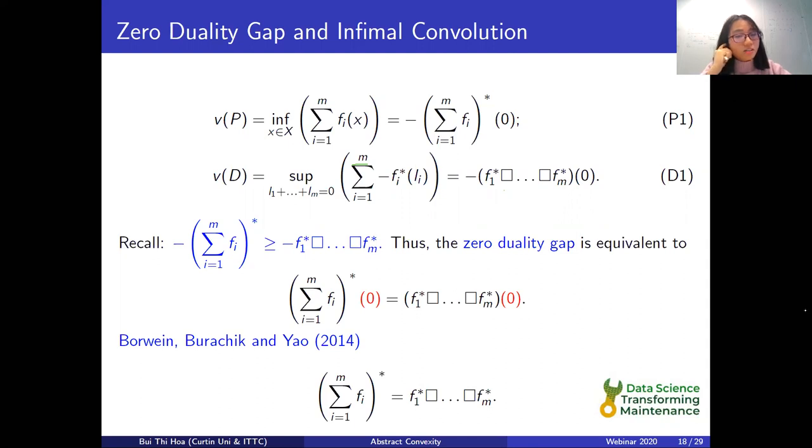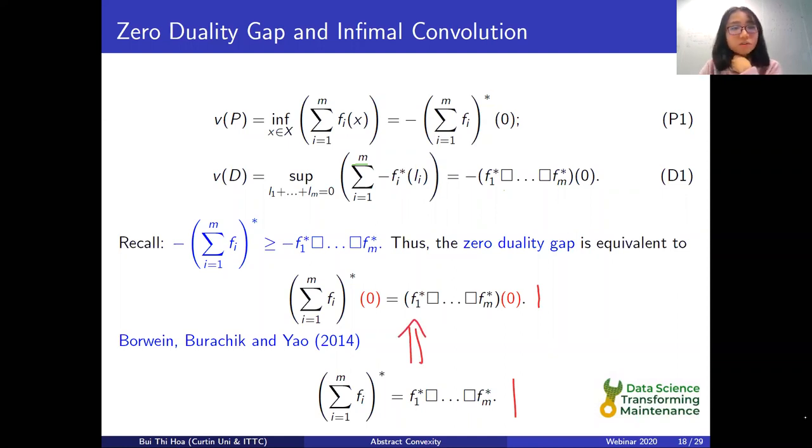So this idea is actually from Borwein, Regina, and Yao in 2014. They derive the characterizations, instead of this equality, for this equality. So obviously this equality implies this equality.